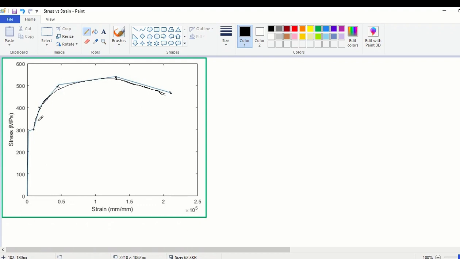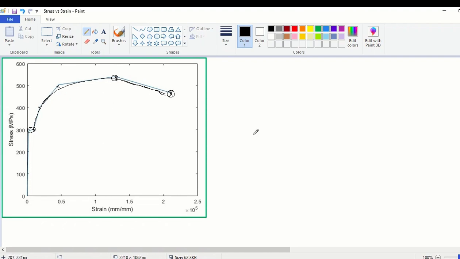According to the diagram, you have to fit a curve between these points. Okay. Understood? This is the maximum stress, the ultimate stress. This is the yield stress, and this is the rupture stress.